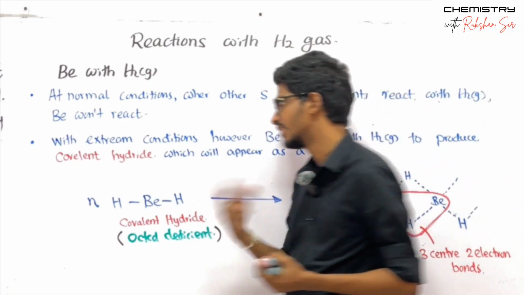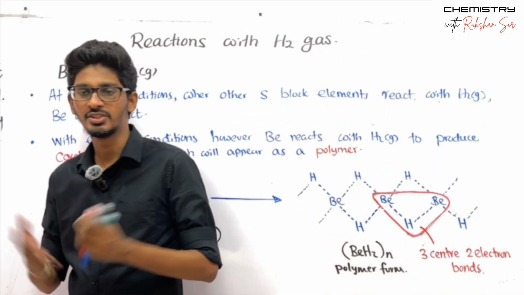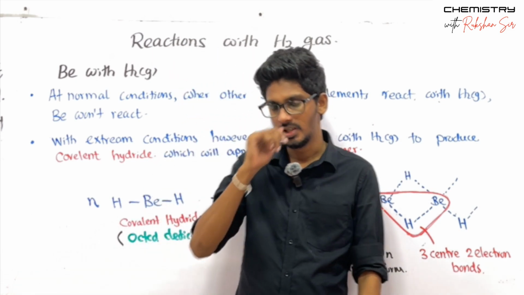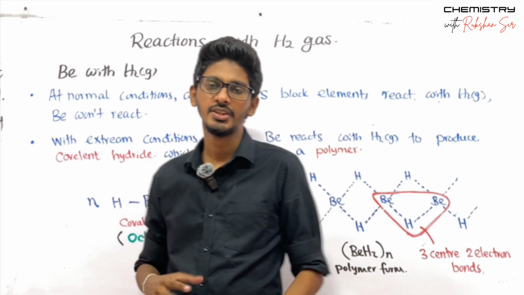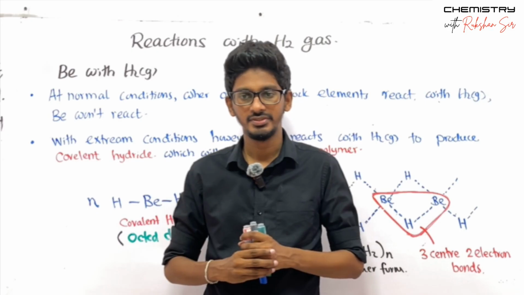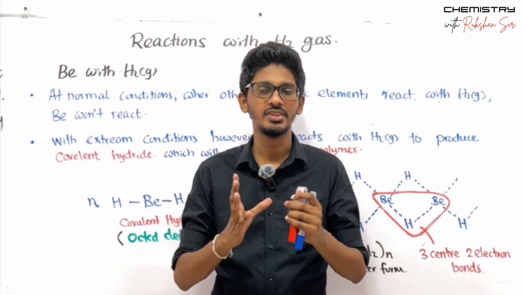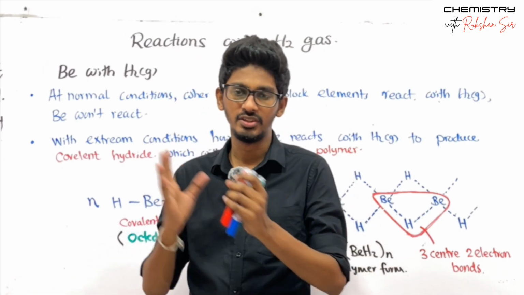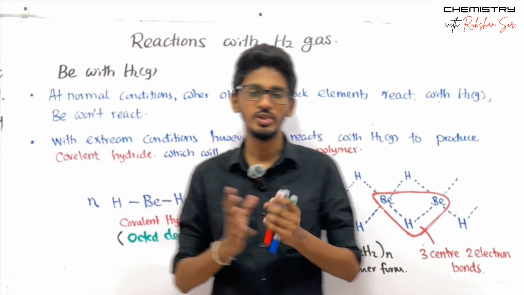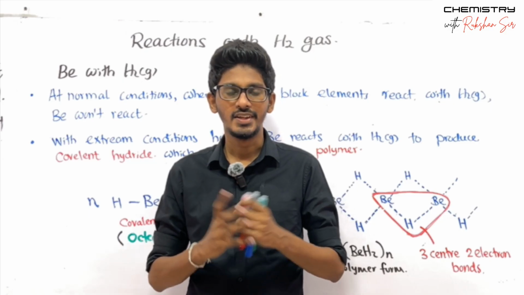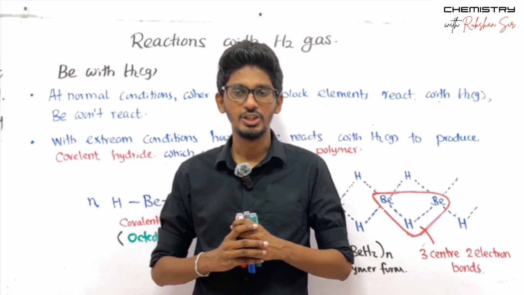So with the discussion of the reactions of H2 gas, we had completed the discussion of S block elements reacting with elemental diatomic gases. In our syllabus, we have to discuss three instances where S block is reacting with O2 gas, N2 gas, as well as H2 gas. So that discussion is done with H2 gas, right?